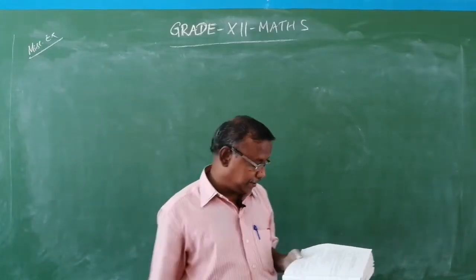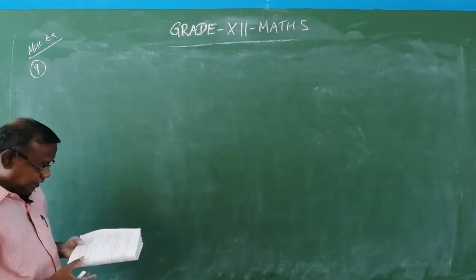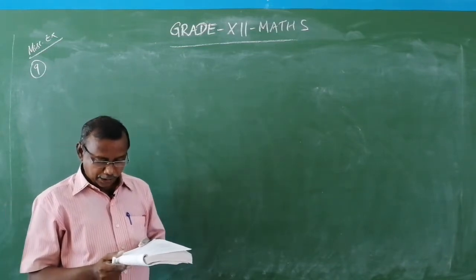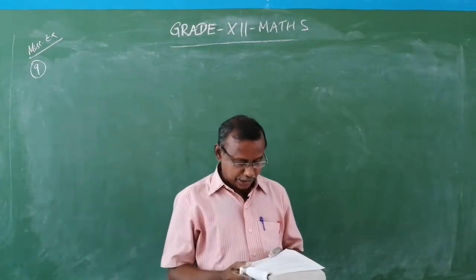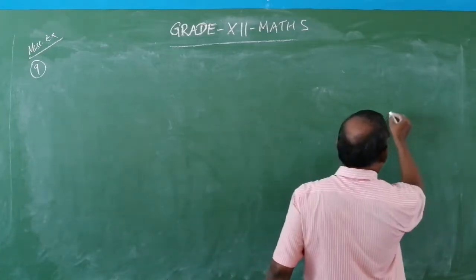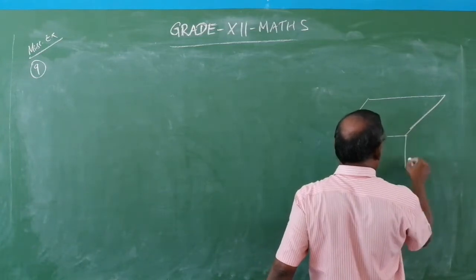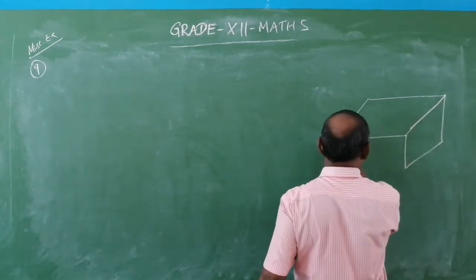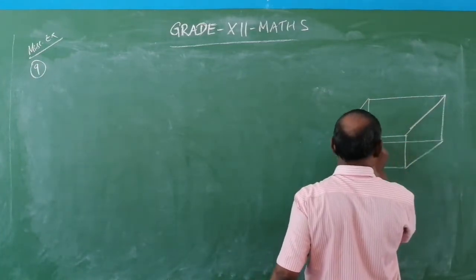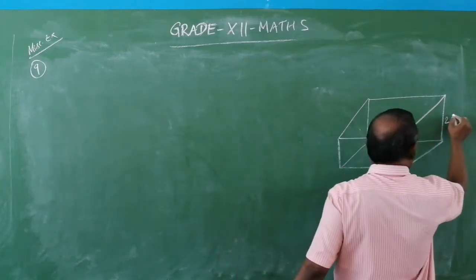Next, question number 9. A tank with rectangular base and rectangular sides, open at the top, is to be constructed so that its depth is 2 meter and the volume is 8 meter cube. Now let us construct an open tank whose depth is given, that is 2 meter.